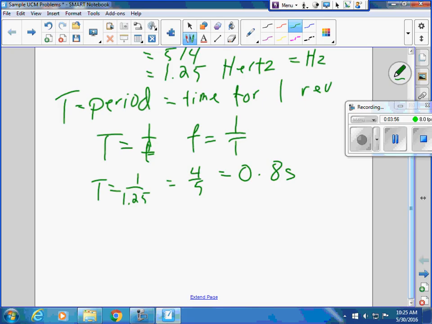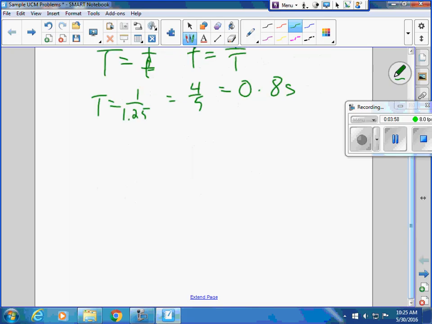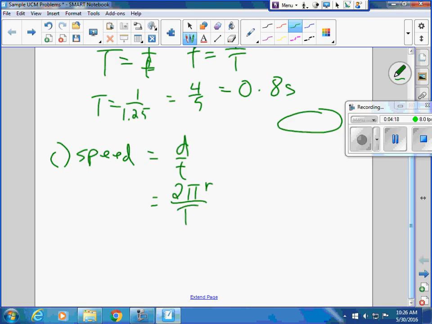Okay, let's go now to part C, which is the speed. So it's going around in a circle, a horizontal circle like so. The speed is the distance divided by the time. Or because it's a circle, that's 2 pi r over the period. So I'm going to switch the small t for a big T. Radius is 0.5 meter.